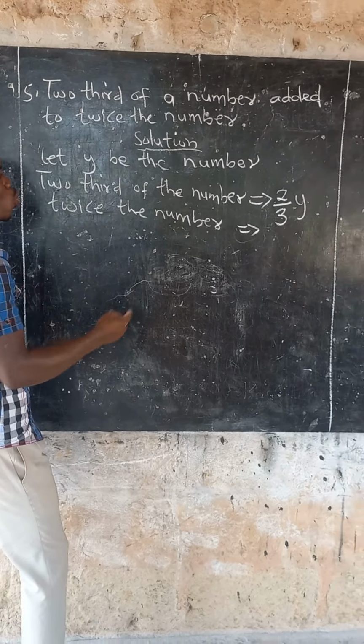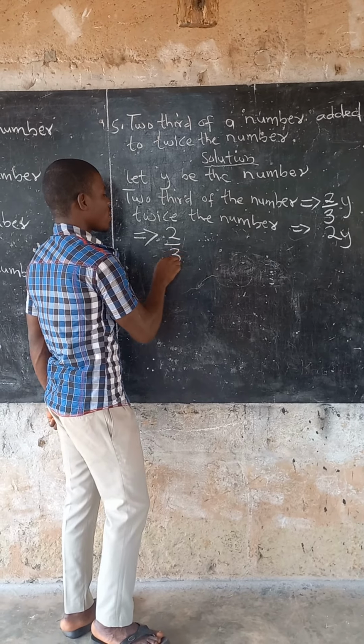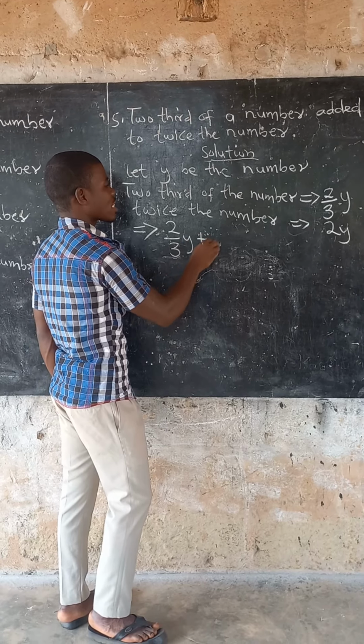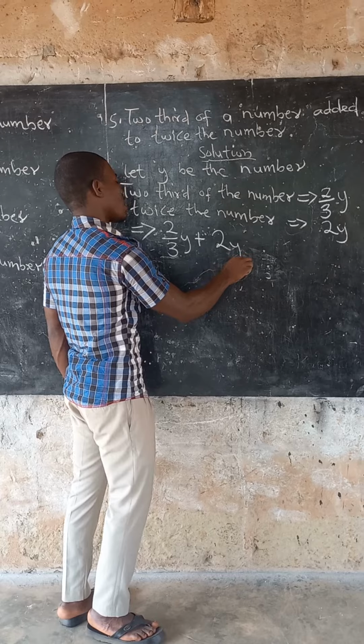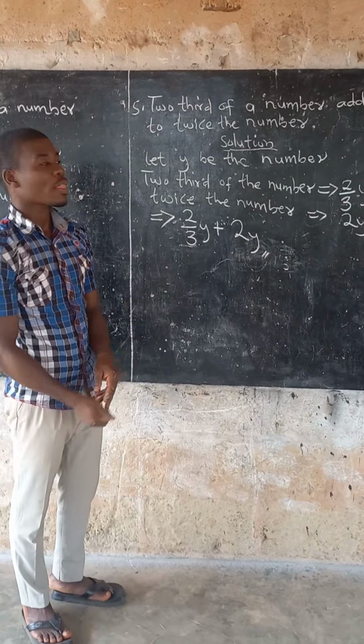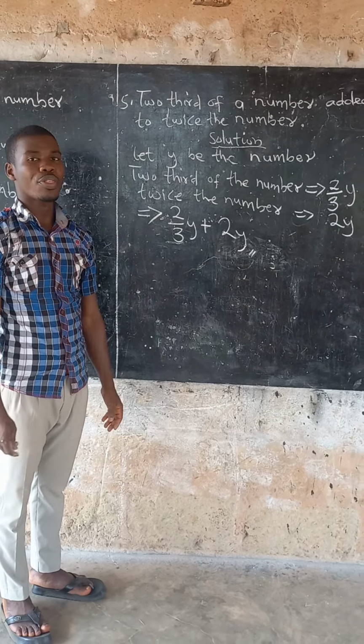So it is going to be 2y. And the question is saying that 2/3 of the number is added to twice the number. So what the question is expecting you to do is 2/3 of the number, plus twice the number. That is the whole thing.